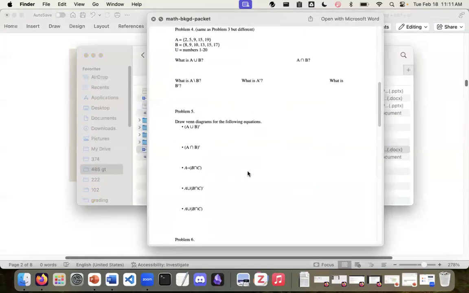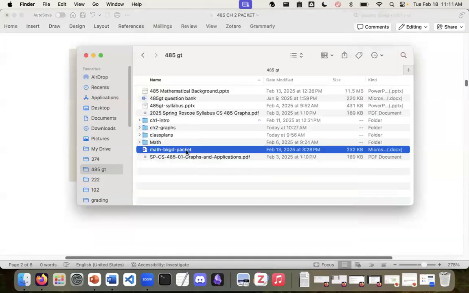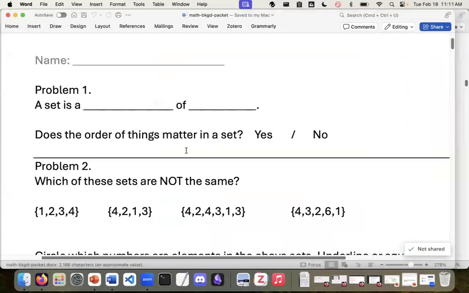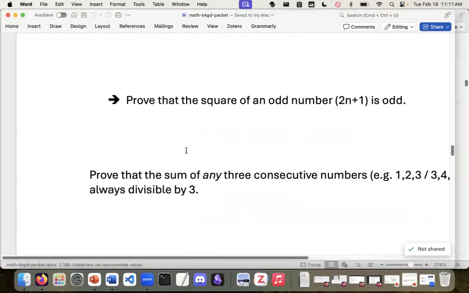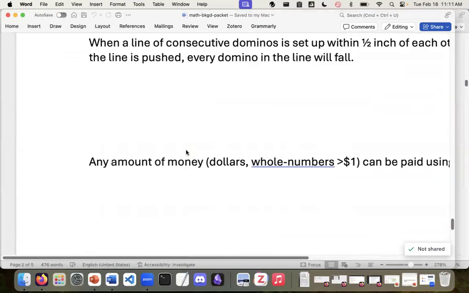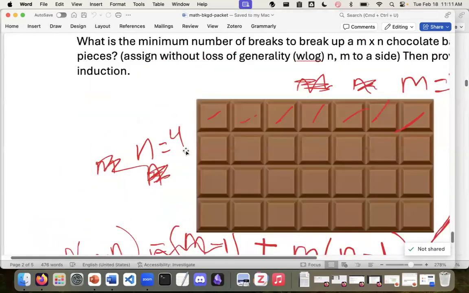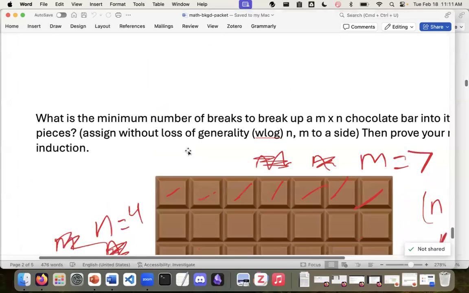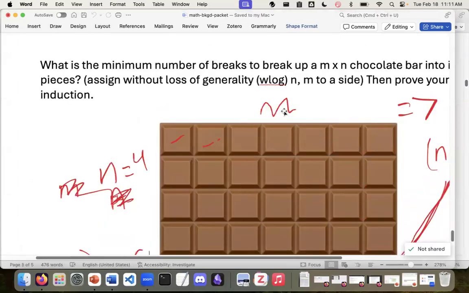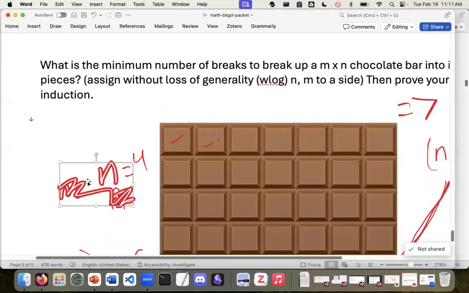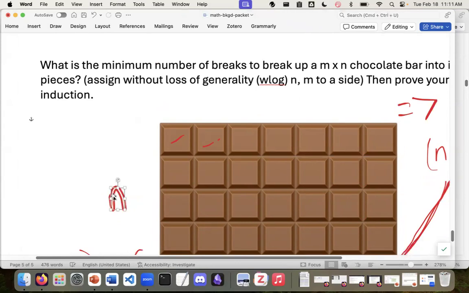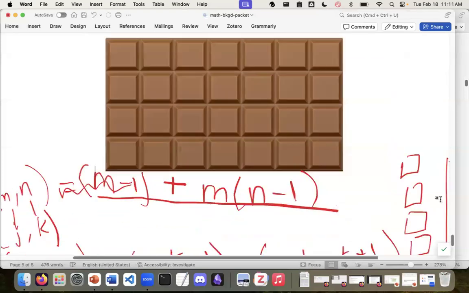I'm worried that, is this the one that I drew on? I don't think so. Oh, it is the one that I drew on. Okay. Let me delete these. I drew on it in the other class.